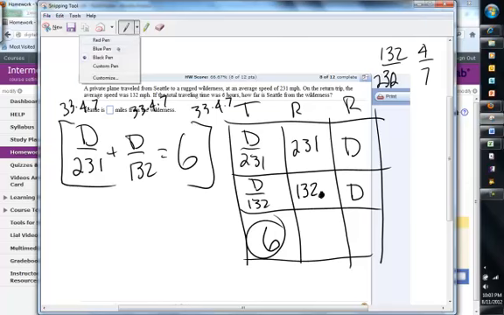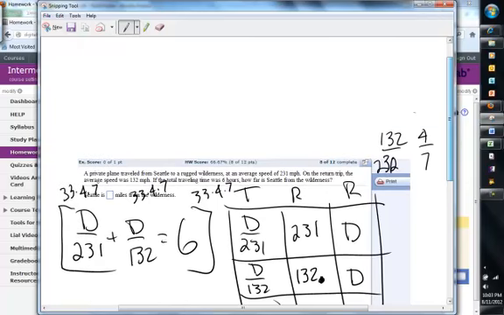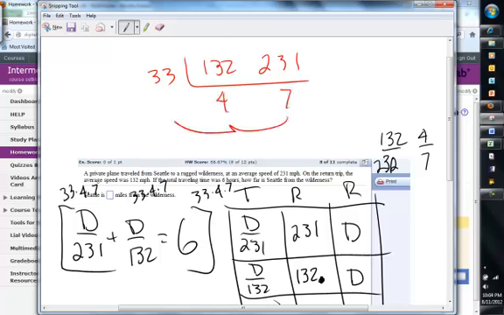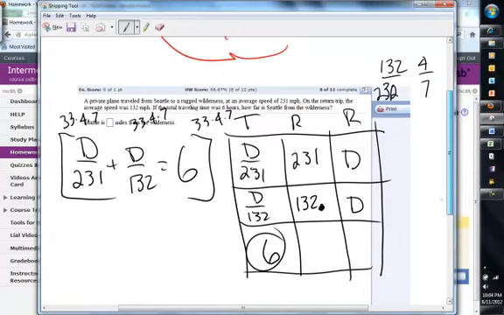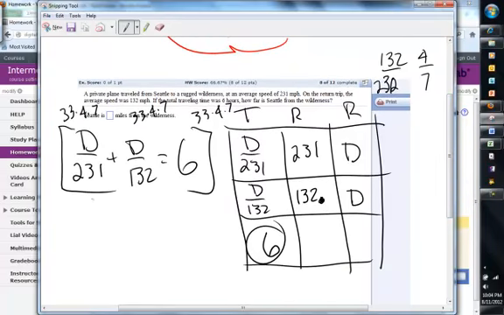I'll write it up here just so that you can see what I'm doing. 132 and 231 are both divisible by 33. You get 4 here and 7 here, so our least common denominator is those three numbers. 231 is 33 times 7. 132 is 33 times 4.